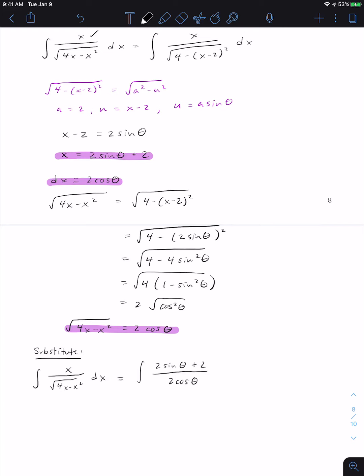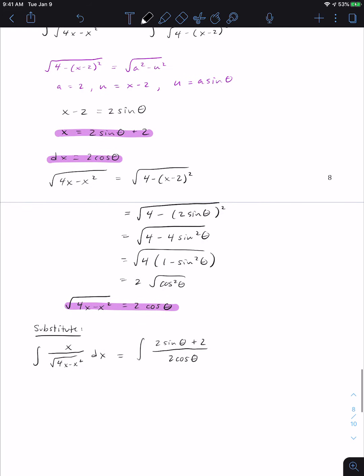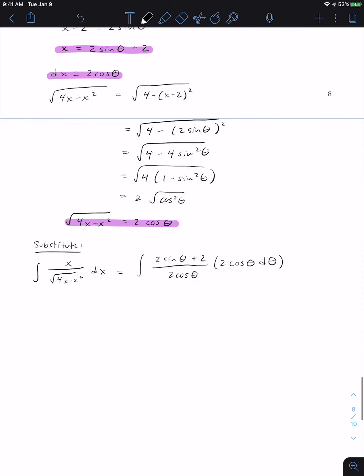And our dx is 2 cosine theta d theta. So I end up getting here the 2 cosine thetas cancel out. I can factor out a 2 in the numerator and be left with sine theta plus 1 d theta.